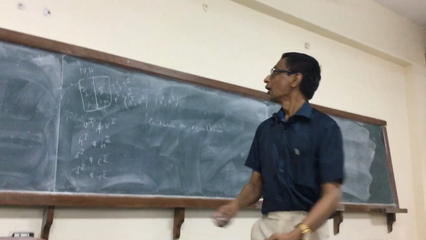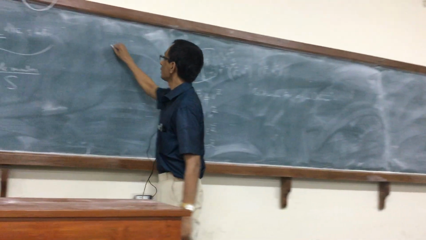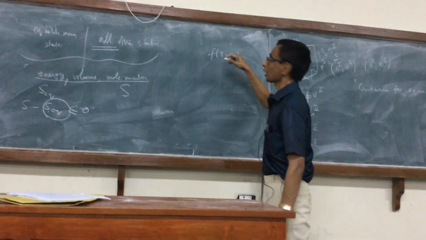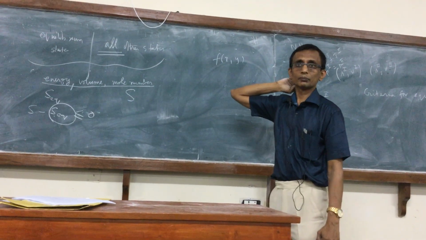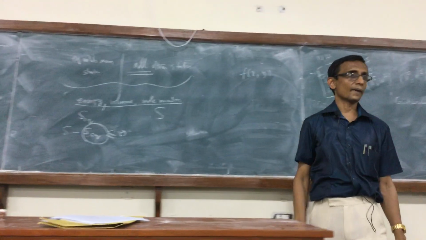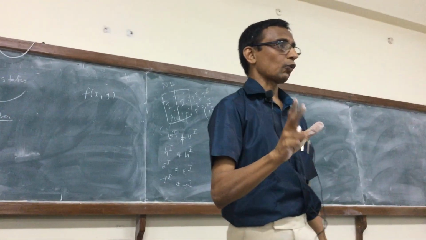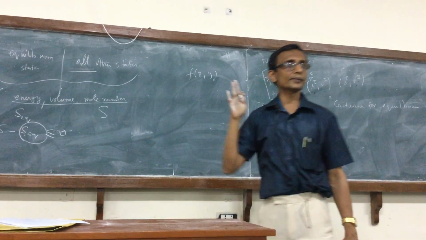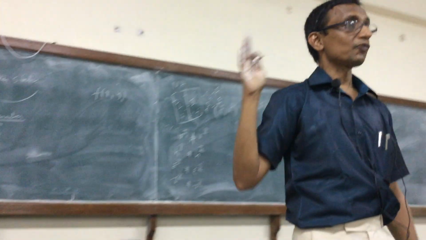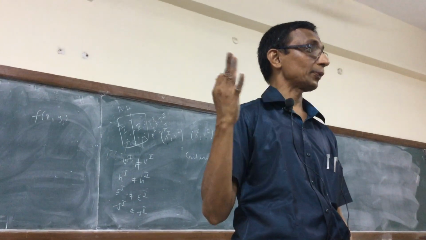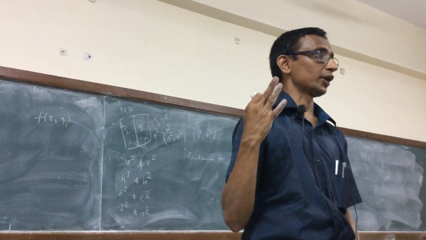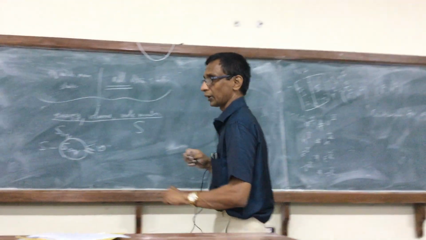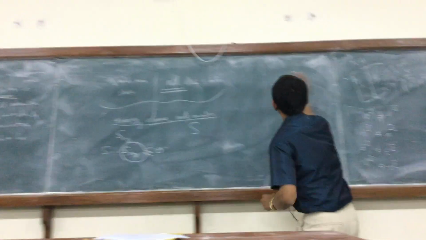When I'm optimizing f of x, y, I allow both x and y to vary, and then we get one optimum. But I can also fix y and then ask what is the optimum for this fixed y naught. That might be different. We don't know. So this is a constrained optimization. That's a very important part.